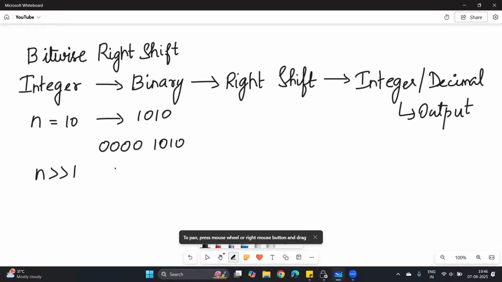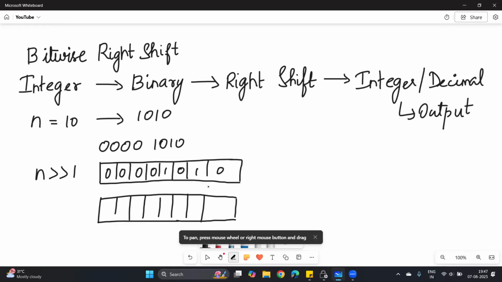So what happens here is, since we are shifting this number, that is 1010, to the right by 1 bit, each of these bits will be moved one place right. So this will be moved here, and this will be coming to this place 1. This will be coming to the last second place 0. This will come here, and simultaneously all of these will be placed in this bit.